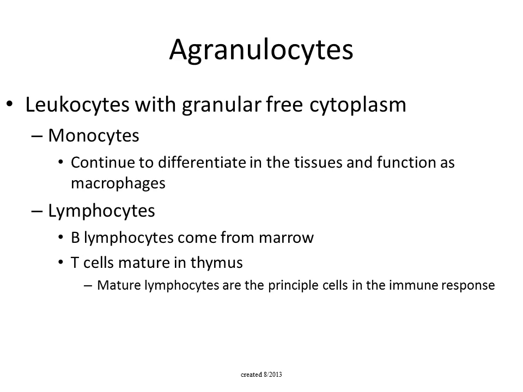Agranulocytes, leukocytes with granular-free cytoplasm. They are the monocytes and the lymphocytes. The monocytes are very active in the spleen and the liver, the peritoneum, the alveoli, and they differentiate in the tissues and they function as macrophages.